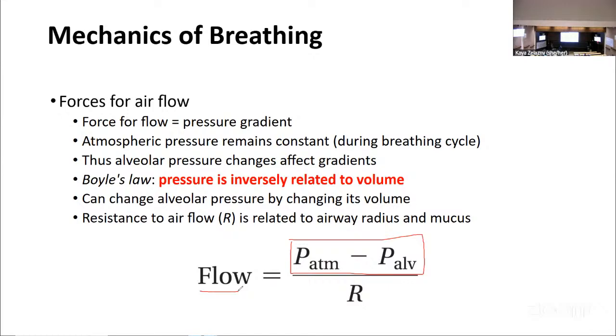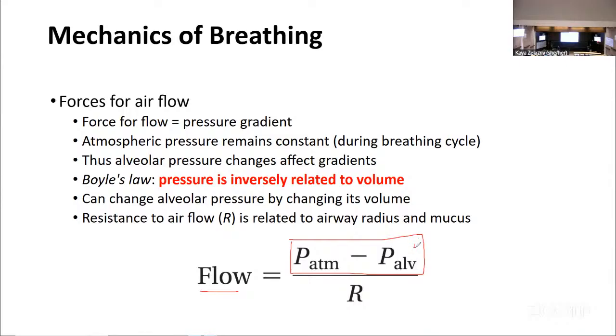So we're going to think about Boyle's law as well here. As we think more about our mechanics of breathing, we're going to be thinking about what's the volume of our container. We can think of the volume of the space in your thorax, the volume of space in an alveolus. We're going to think about how changing the shape of your chest, the shape of that thorax, and how much space we have inside, is going to change that alveolar pressure.